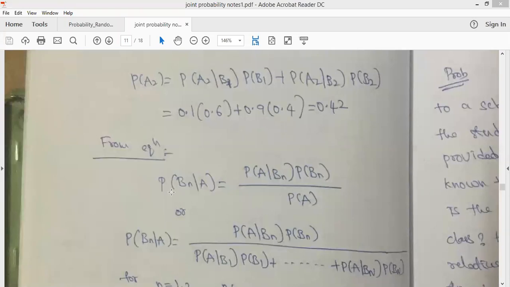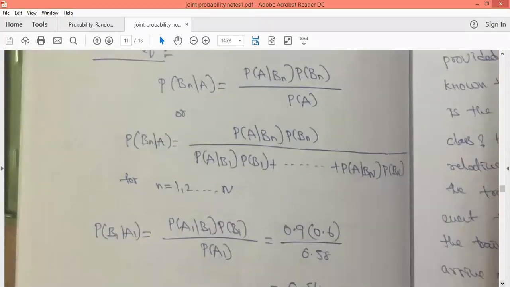Okay, so now use Bayes theorem: probability of Bn given A can be written as probability of A given Bn into probability of Bn, divided by probability of A. Now we have to do this for two conditions, A1 and A2. So from Bayes theorem, probability of B1 given A1: in the place of A we substitute A1.